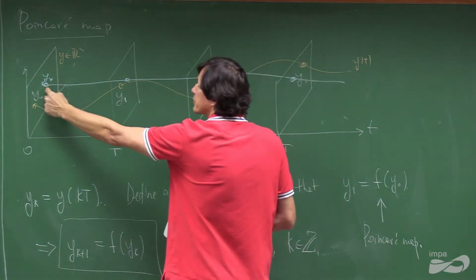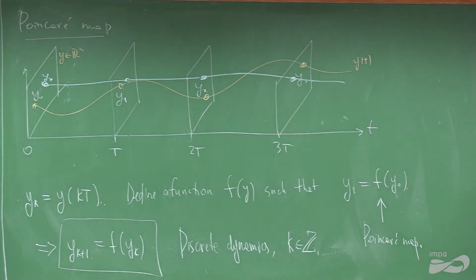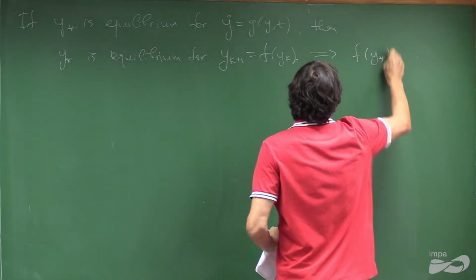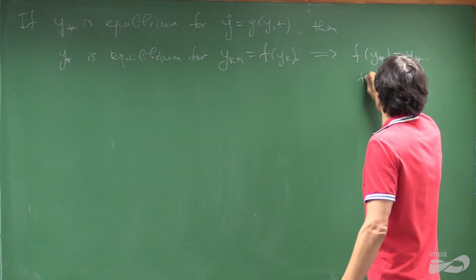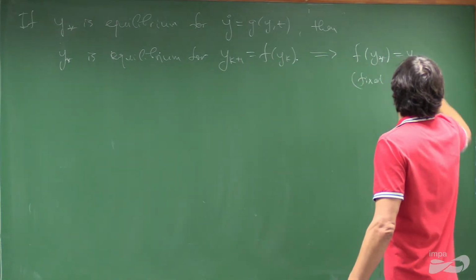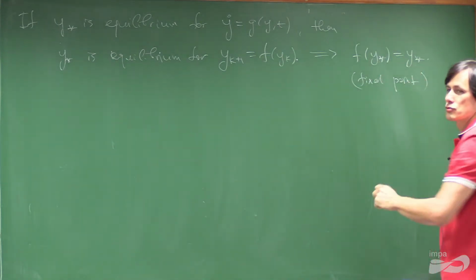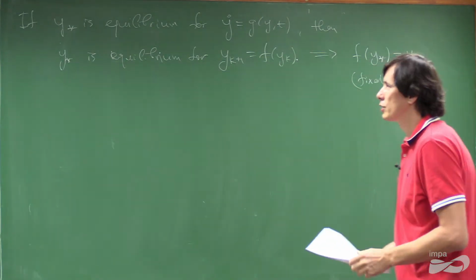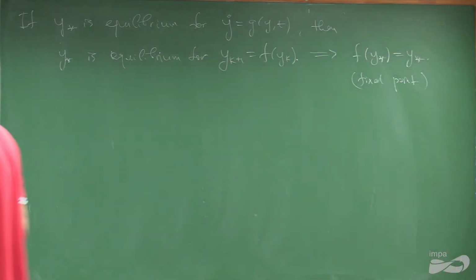The map f just maps it to the same point. It's a fixed point. So an equilibrium for the Poincare map is just a point which does not change under each iteration. Okay, very good.